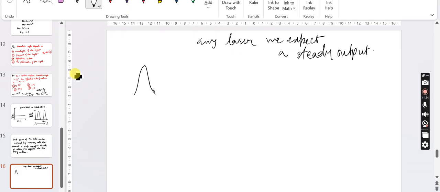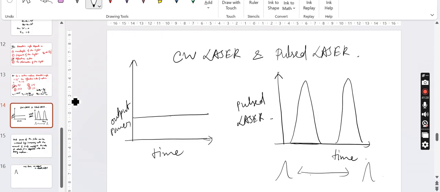When we say steady output, that means this line for a CW laser should stay the same. There should not be some kink like this. It should be a perfect, parallel, straight line. And for a pulse laser, the height of the pulse should be the same.